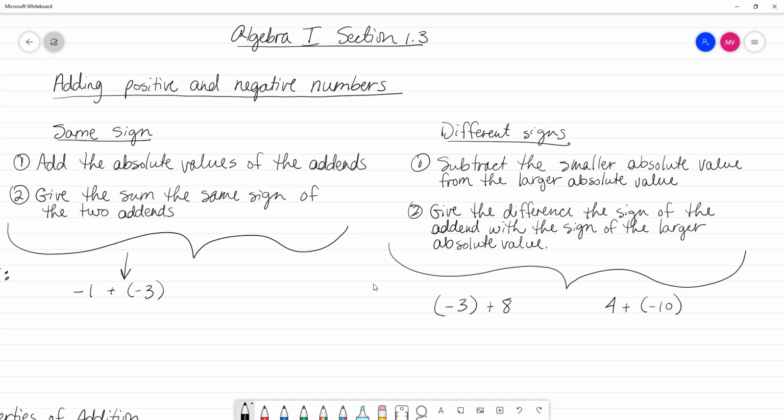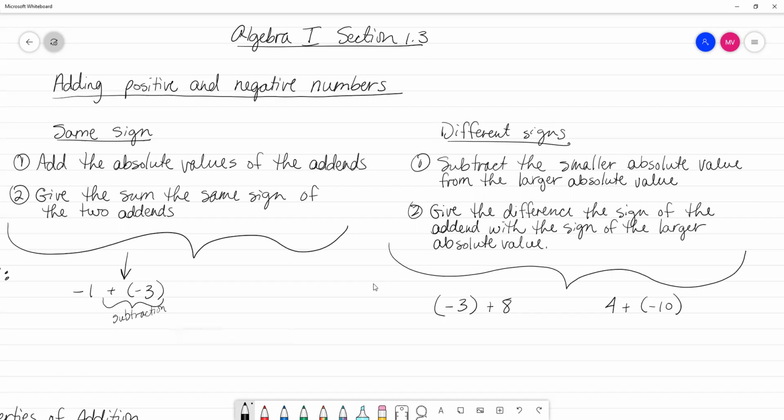When we add positive and negative numbers, we need to be aware of the signs and what those signs mean. I am sure we'll talk about this later, but whenever you are adding a negative number, we understand, hopefully, that this is the definition of subtraction.